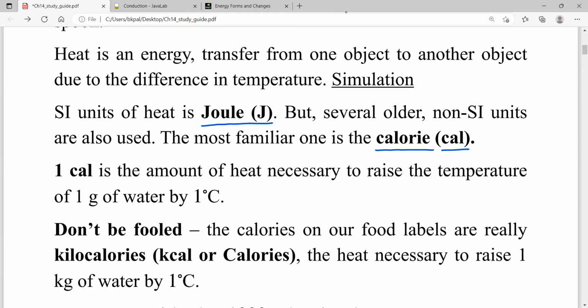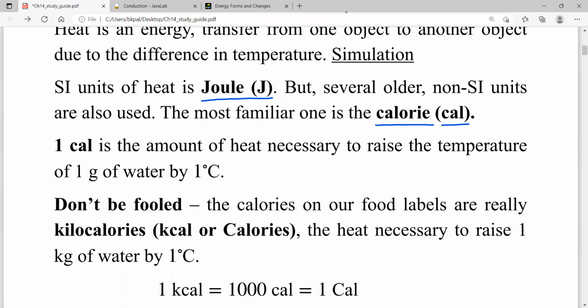Now, what does 1 calorie mean? 1 calorie is the amount of heat necessary to raise the temperature of 1 gram of water by 1 degree Celsius. For example, say we have 1 gram of water at 14 degrees Celsius. If you add 1 calorie of heat to it, its temperature will increase to 15 degrees Celsius. So that is the definition of 1 cal.